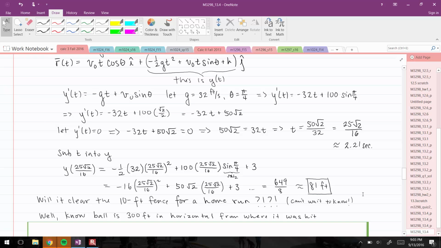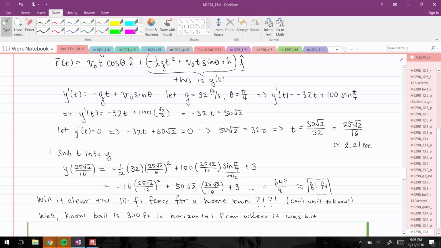Alright, well, we know the ball is 300 feet in the horizontal from where it was hit. This 81 feet, we're not sure where in the x this is occurring. It would clearly be greater than 10 if it was attaining its maximum at the fence, but that would be quite the hit, folks. So we definitely can't assume that.